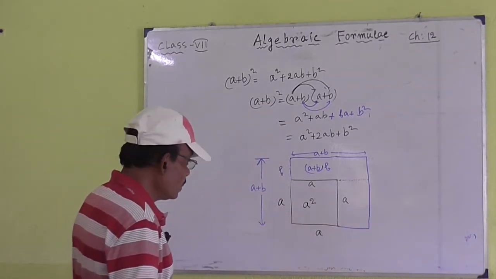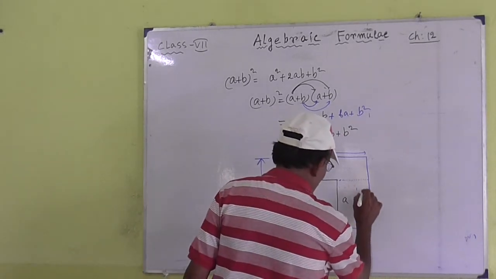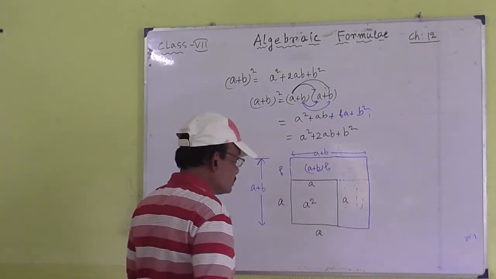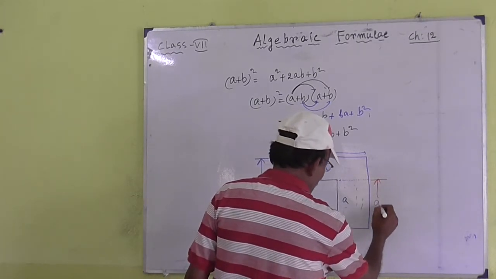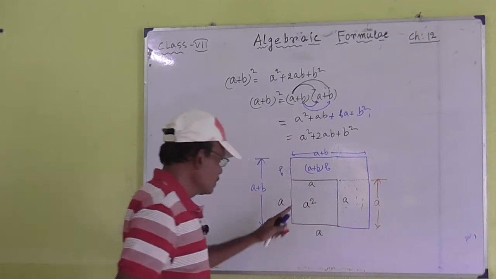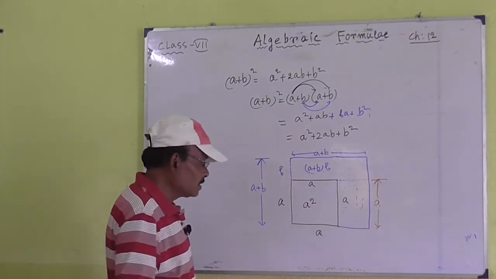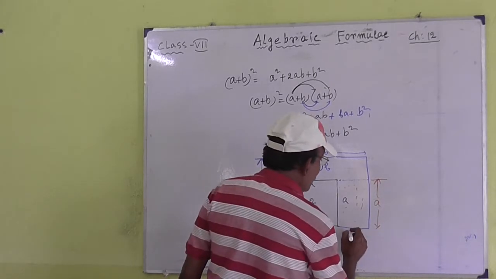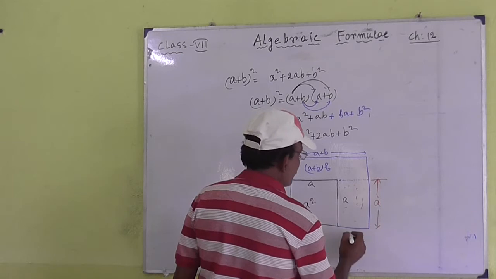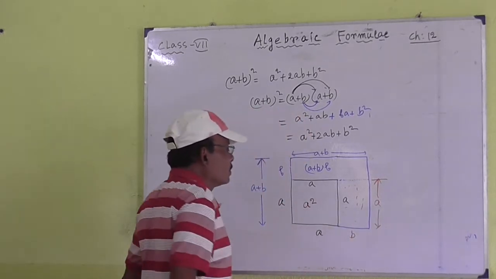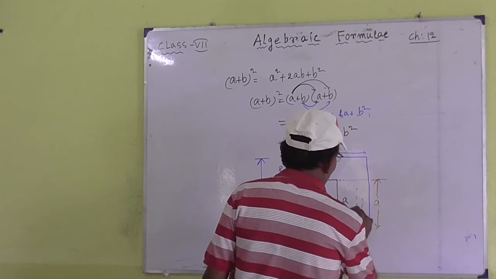Here the rest rectangle, this side is a, because this side equals this side equals this side, and the breadth is b. So, its area will be ab.